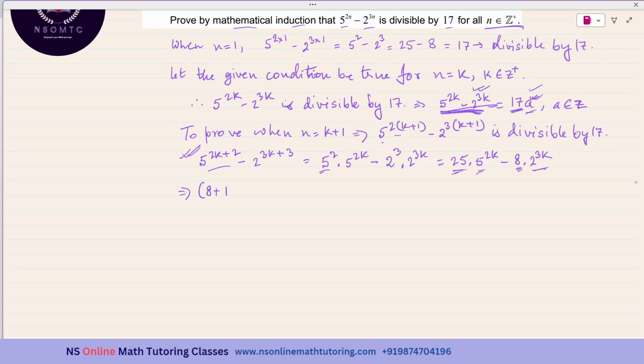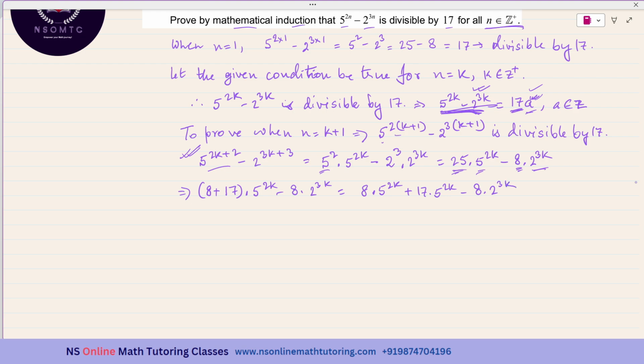Okay, so it is 8 plus 17 times 5 to the power of 2k minus 8 times 2 to the power of 3k is equal to, now I can write 8 times 5 to the power of 2k plus 17 times 5 to the power of 2k minus 8 times 2 to the power of 3k.